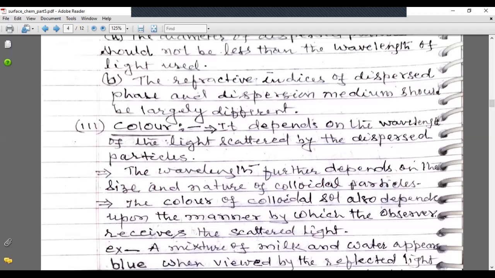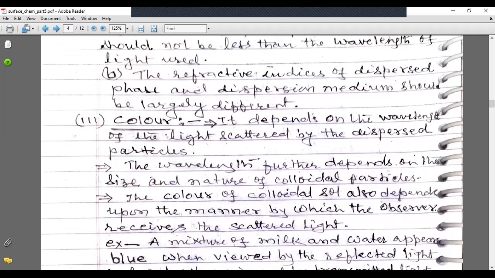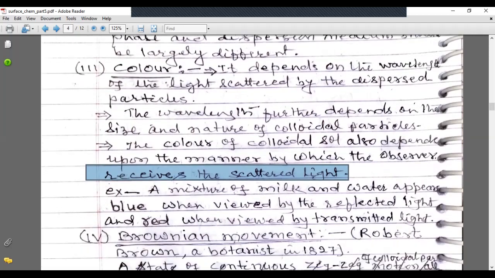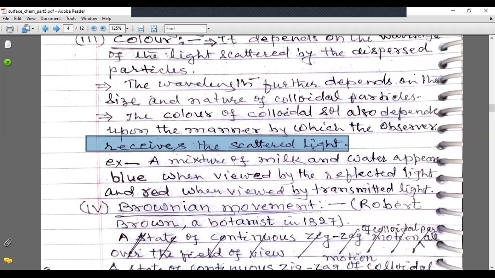The color of colloidal solution also depends upon the manner by which the observer receives the scattered light. Example, a mixture of milk and water appears blue when viewed by the reflected light and red when viewed by transmitted light.